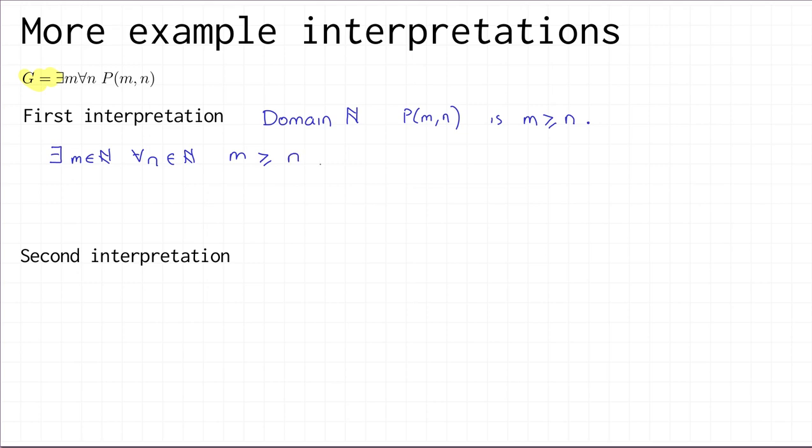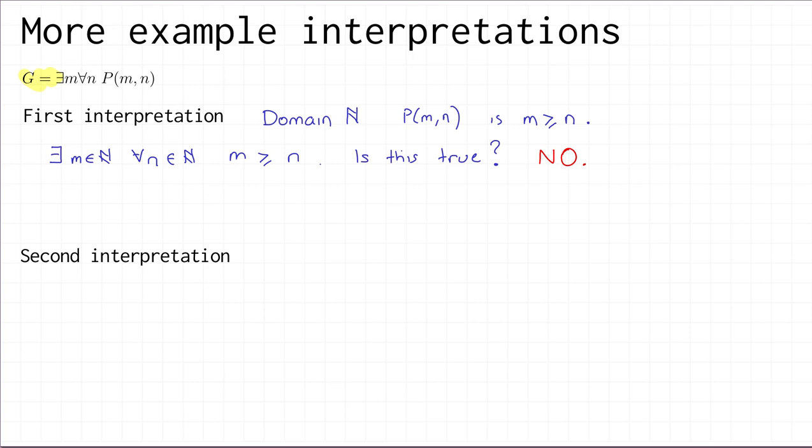So that's the interpretation of this formula, and the question is, is this a true statement or not? You might want to pause the video and think about it. So, is it true or not? Well, the answer is no. It's false.